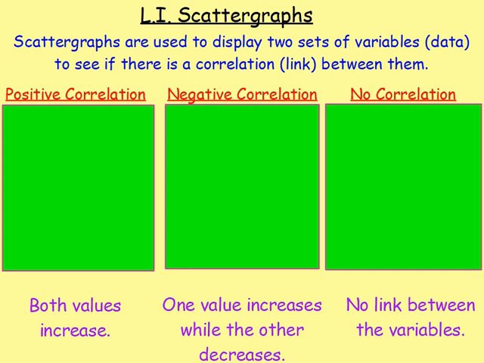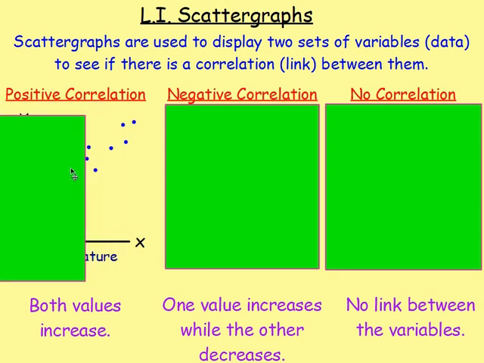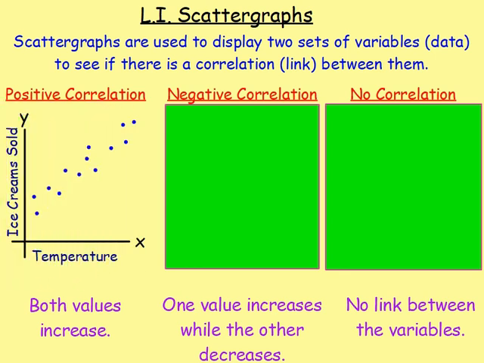correlation. So, if you end up graphing your two variables and you see that as one value increases, so does the other, then you have what is known as a positive correlation. So, in other words, if your scattergraph looks something like this.